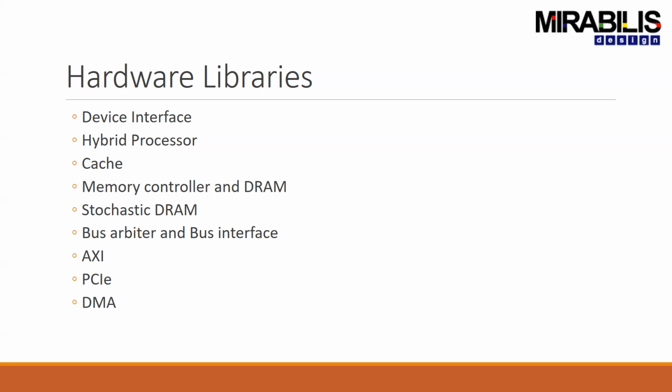If it's a miss, it will send the request to the next cache or memory. But we also have a cyclic cache, which has detailed functionality: prefetching, replacement, write-back policies, inclusion policies, and associativity configurations. Everything is there. So that kind of detailed cache is also available.